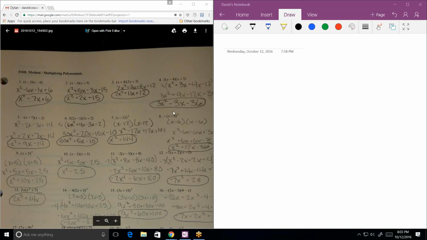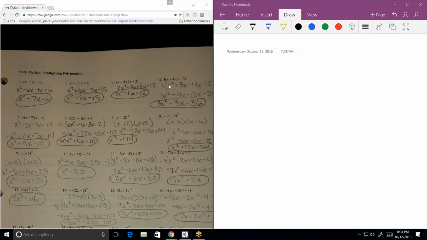Now, number four is different because it has a multiplier of 3 in front. I have a rule in math, and that is always keep your numbers as small as they possibly can be. That leads to fewer mistakes.